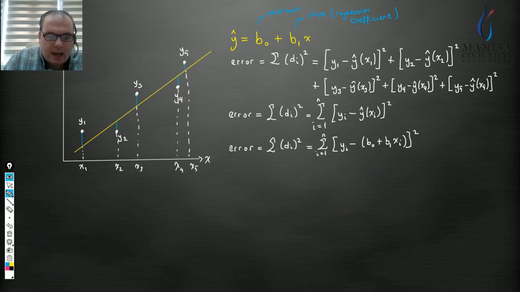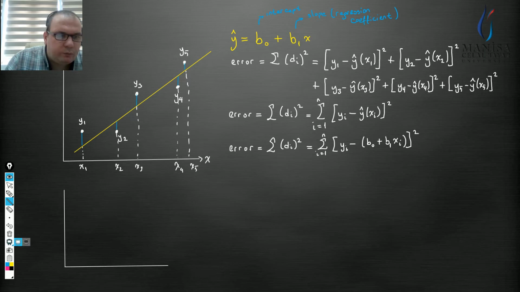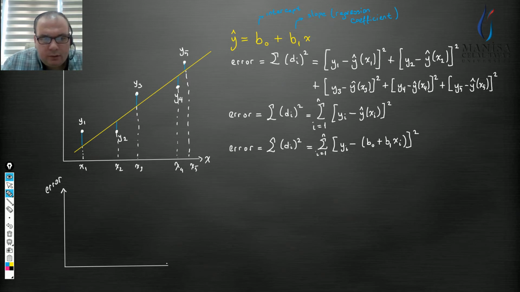So I have a total error, for example on the y-axis of this diagram, error, and let's suppose that we have b0 here.